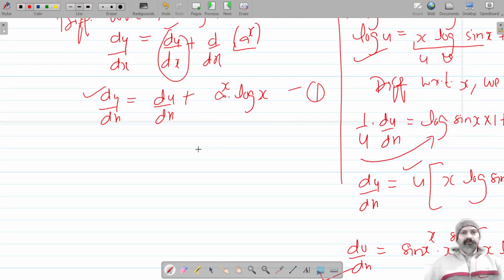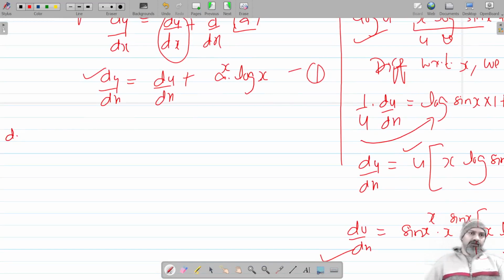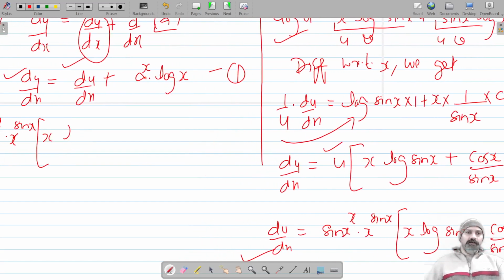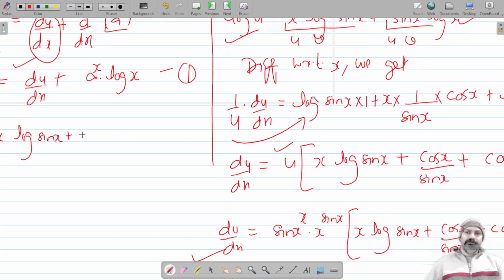Okay, now let's replace this value here, which finally gives us dy by dx. So dy by dx is equal to du by dx, which is sine x raised power x into x raised power sine x into this is x log of sine x plus cos x upon sine x.